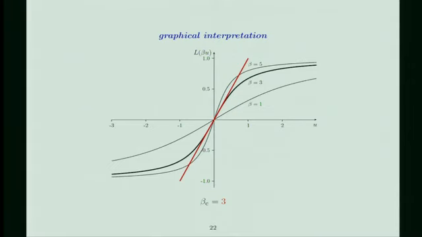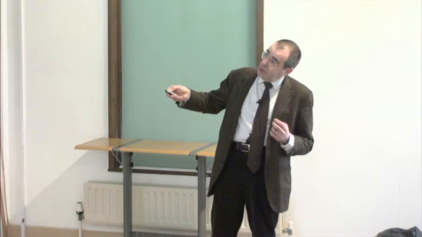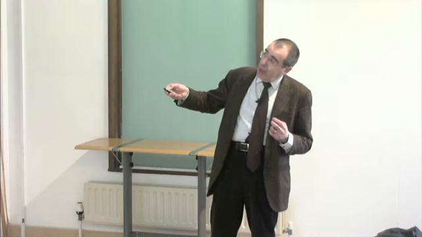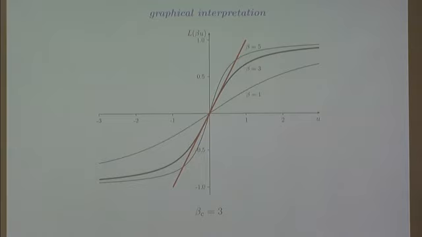This would be the subcritical case. This would be the supercritical case with 3 solutions, 2 of them symmetric relative to the origin, and beta equals 3 is a transition.